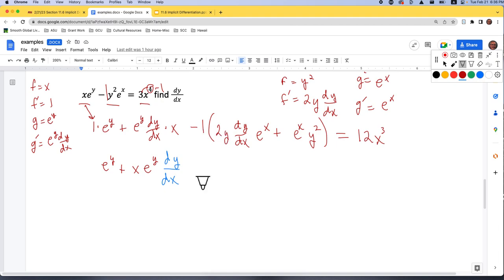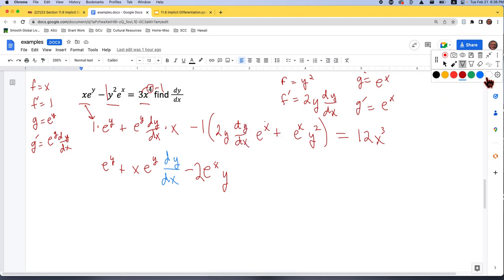So this is going to be negative e to the x. Actually, I'll put the number. I'll put 2 e to the x y. So notice I'm taking this e and moving it in between the 2 and the y. So just ordering as numbers first, any variable with an x, and then any variable with a y, just to help organize things.